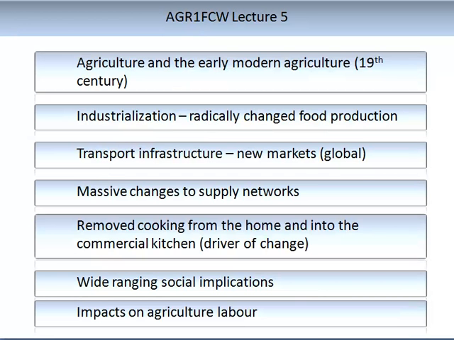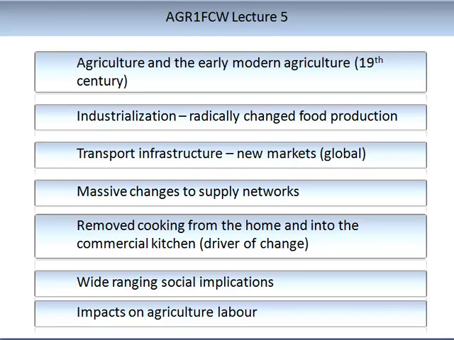If we look at agriculture and early modern agriculture in the 19th century from a food security perspective and drivers of change, we will notice that there were some other changes in the area which have impacted on the ability for the food to become secure. What I mean by this is industrialization has radically changed food production.